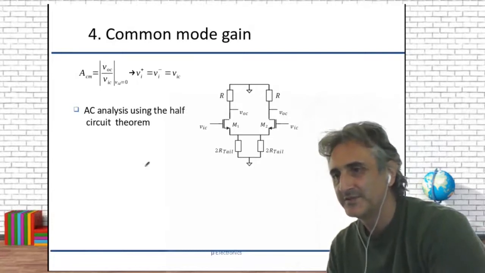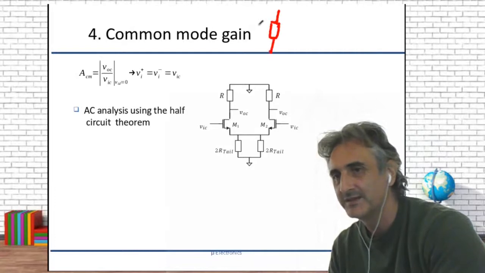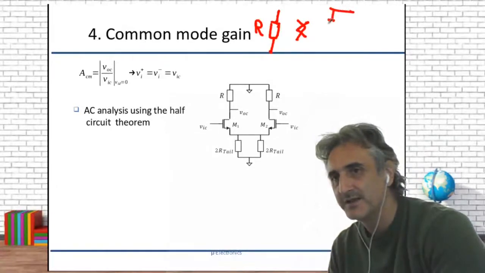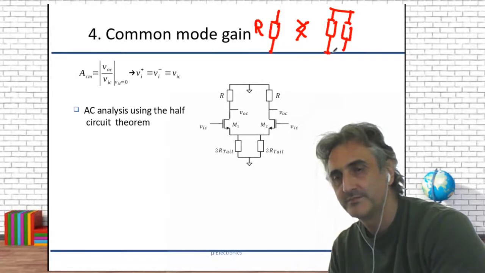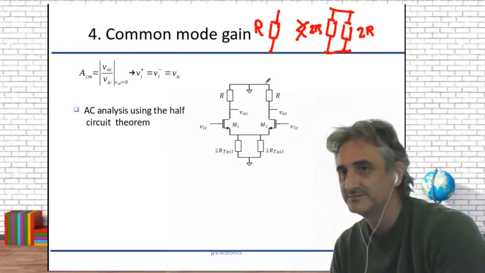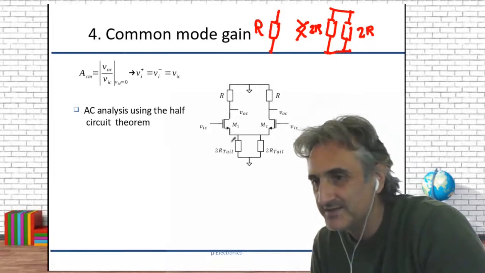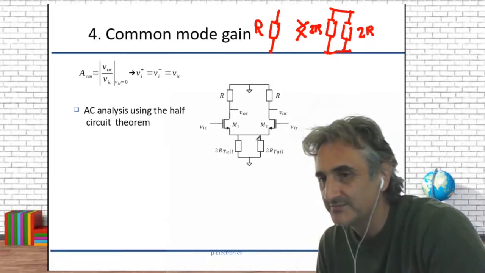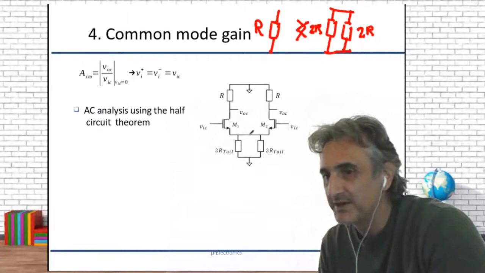The clever trick is saying that one resistor, like that, is absolutely equivalent to two resistors in parallel, each of double value, 2R. So we just replace this resistor here by two resistors in parallel.